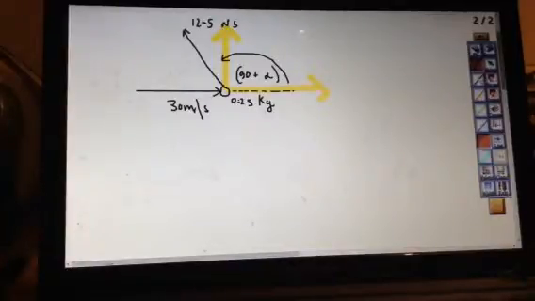So if we're going to look at this, I'm going to say that our vector for our impulse is equal to, well, that's 90 plus alpha all the way around here, so that's alpha.